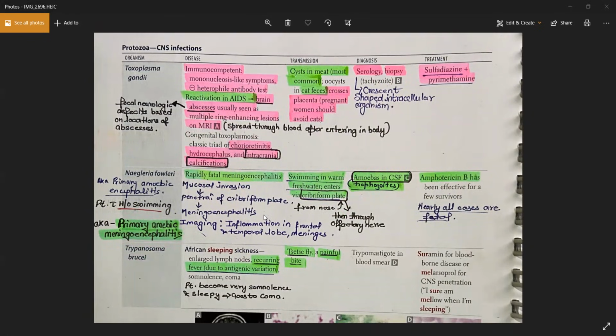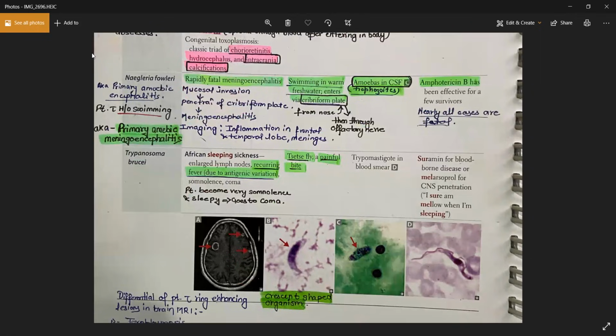Any doubt? No. Okay, so then comes Naegleria fowleri, which causes meningoencephalitis, which means inflammation of the meninges as well as the encephalon, which is your brain parenchyma. Because you're involving the brain parenchyma, you can have focal neurologic deficits, paralysis, and because you're involving the meninges, you can expect symptoms like meningitis.